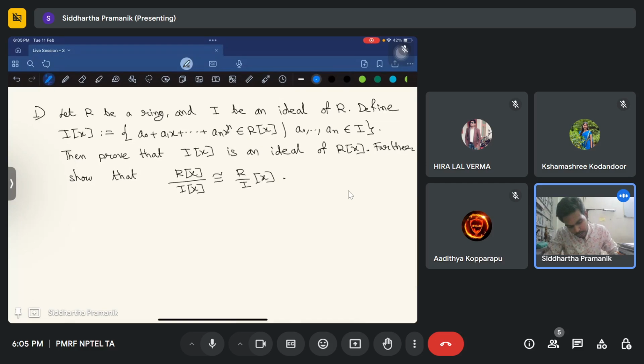So I have taken a ring R and an ideal I. Then using the ideal I have defined an ideal in the polynomial ring R[x]. And the target is to prove that if we quotient out R[x] by this ideal, we will get a polynomial ring which looks like this.